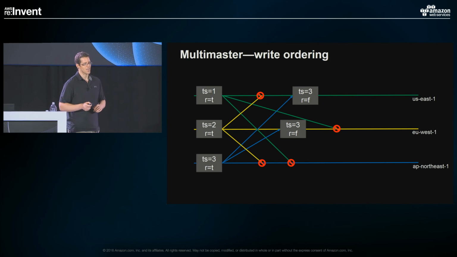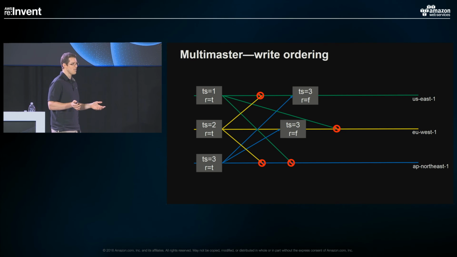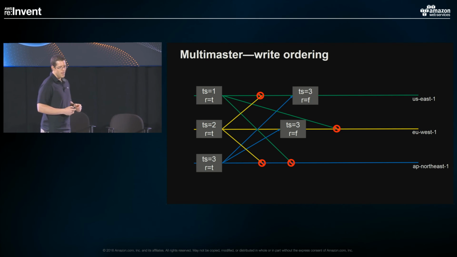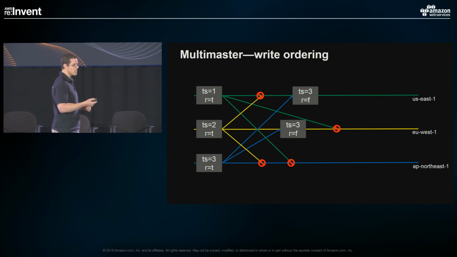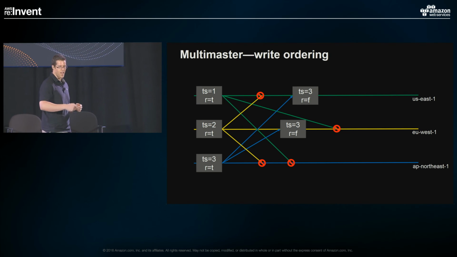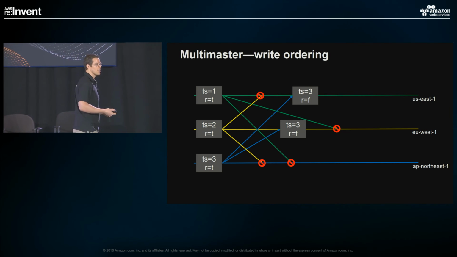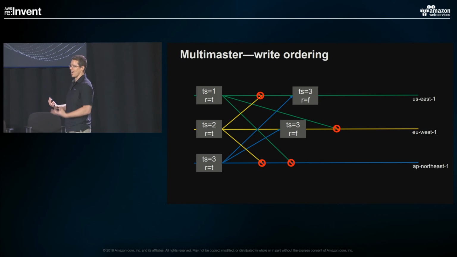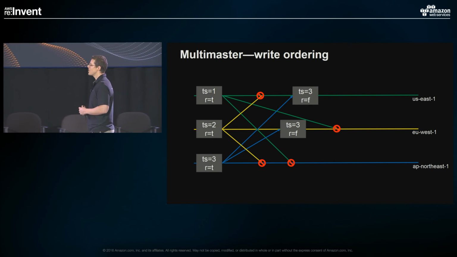But the end result is the same, so it kind of doesn't matter, which is the whole point. In the end, timestamp 3 should win everywhere. Even if timestamp 2 had succeeded, timestamp 3 would have still clobbered it. The timestamps are just epoch milliseconds. They're not actually 1, 2, 3, but that's for the example.